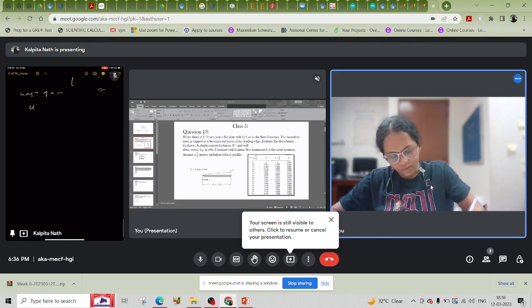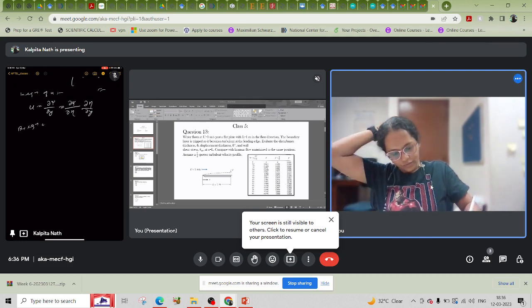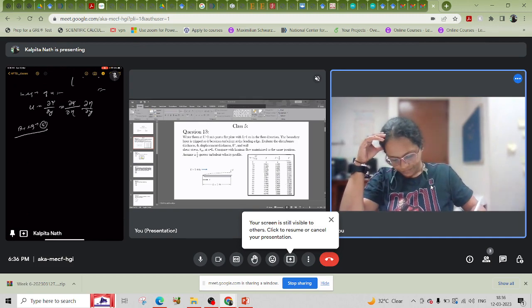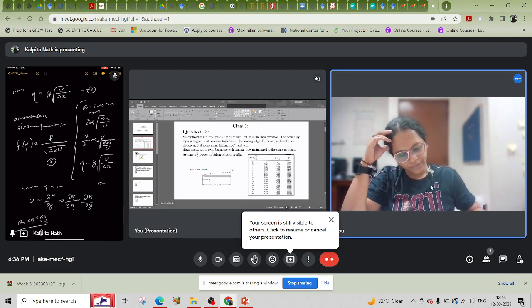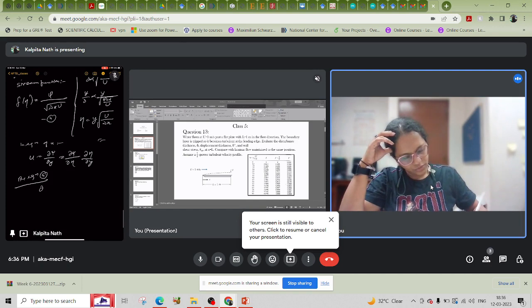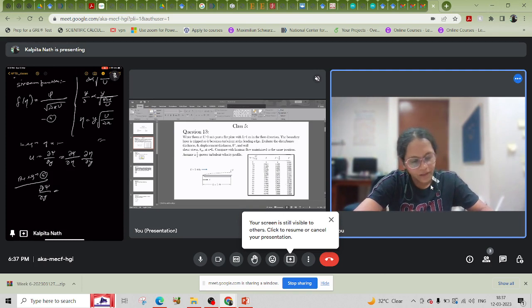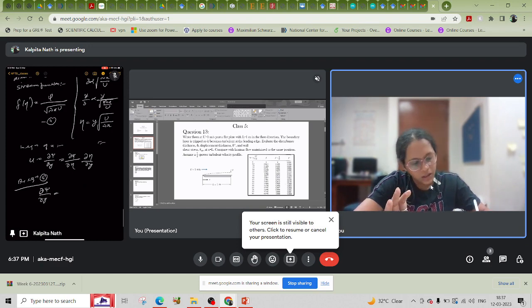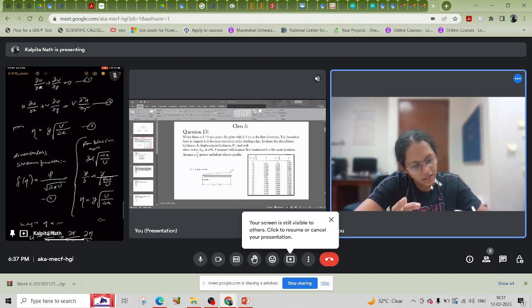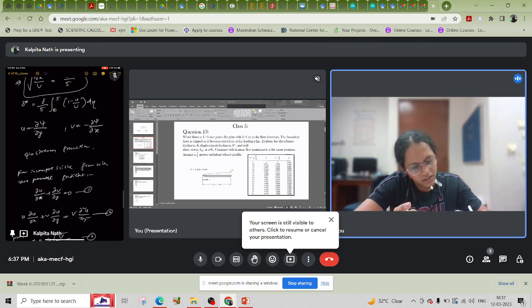Small u is equal to del psi by del y, which is del psi by del eta into del eta by del y.